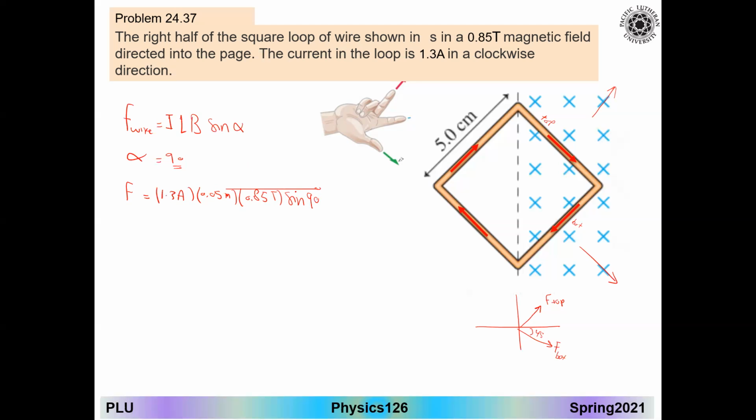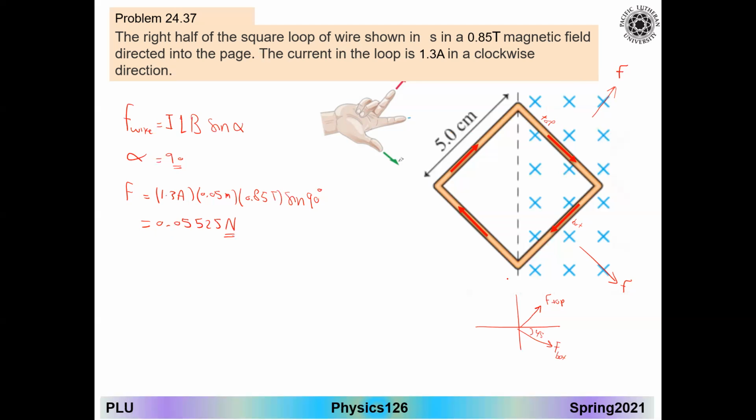If you calculate this number, we end up with 0.05525. Again, this is the force. I have one force here and a second force here, and that is the force amount we found.